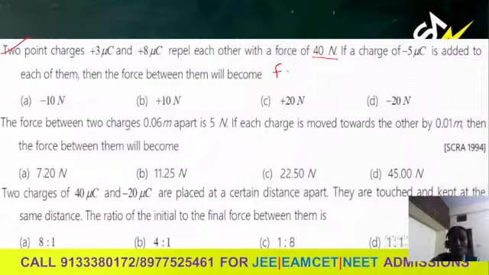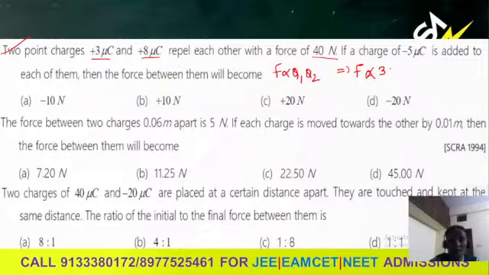We know that force is proportional to Q1 Q2. With the initial charges, the 3 microcoulomb and 8 microcoulomb given to us, can we write F is proportional to the product of the charges. I am taking proportionality only.